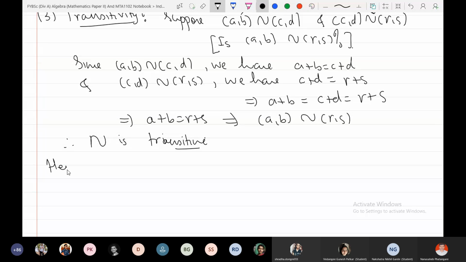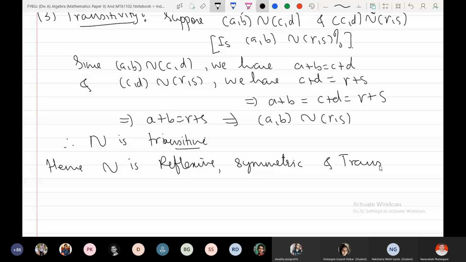Hence, the relation is reflexive, symmetric, and transitive. Therefore, the relation is equivalent.